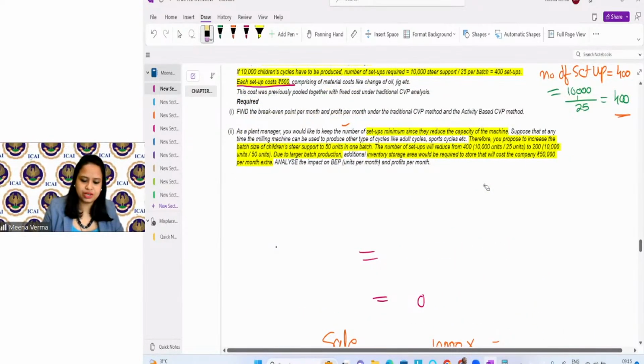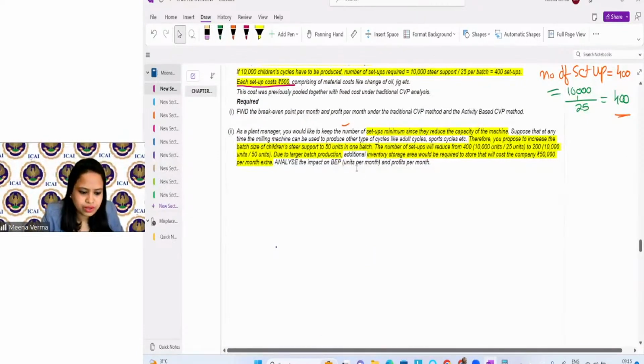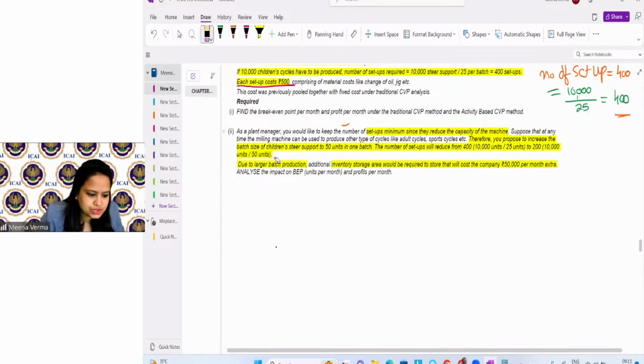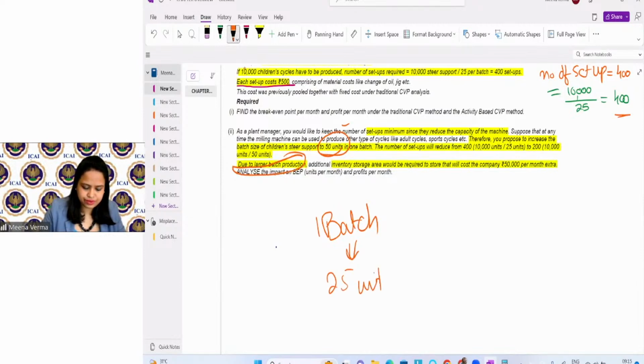You people were asking me in comment what we will do for the storage cost here. Due to large batch production, since you have increased the batch size here. Earlier the batch size was 25 per batch, you were producing 25 units. Now in one batch you are producing 50 units.